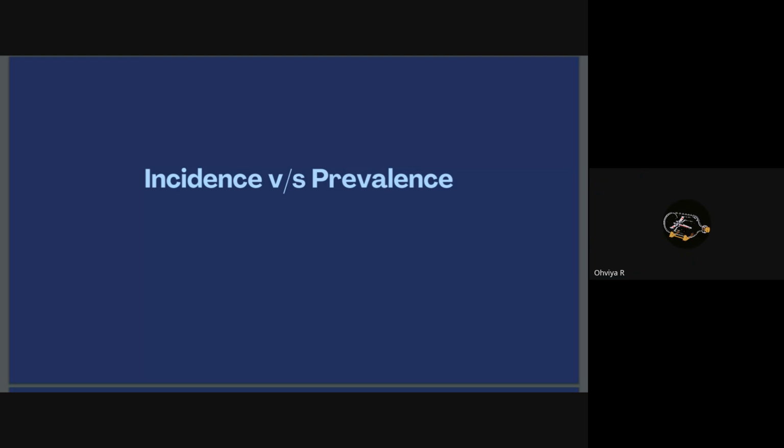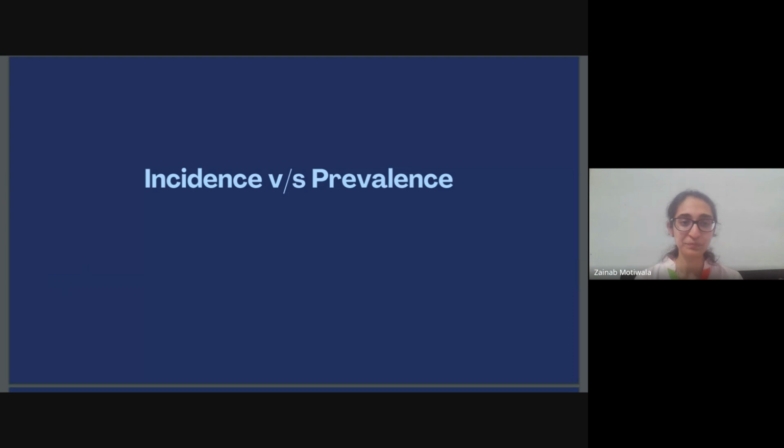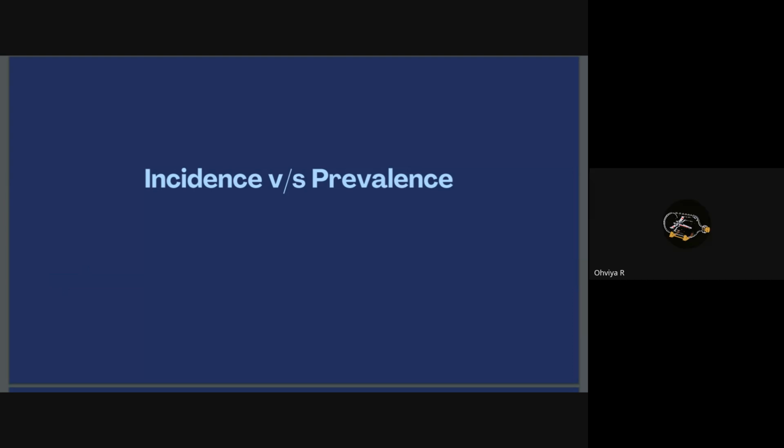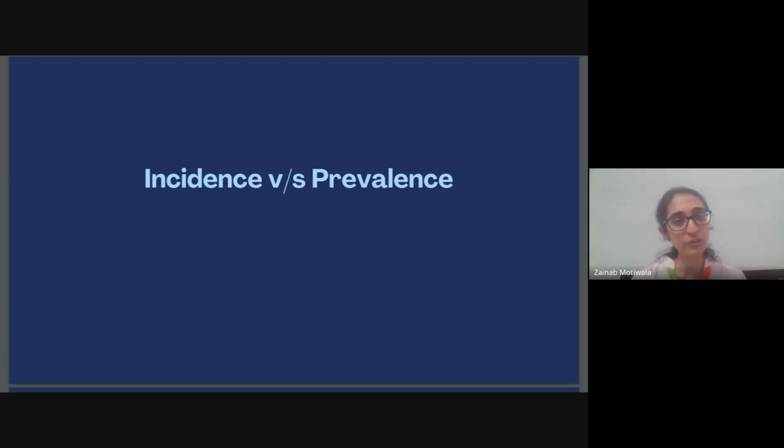Hi Zainab, this is Ovia. I have a quick question while everybody votes. In the previous question, the denominator is the population at risk, right? Yes. So why didn't we take off the 50 people who already had the disease? Because we're talking about those who are at risk, and whether developing a disease or not is a probability, just a chance whether one forms the disease or not, but the entire population is at risk of getting the disease.